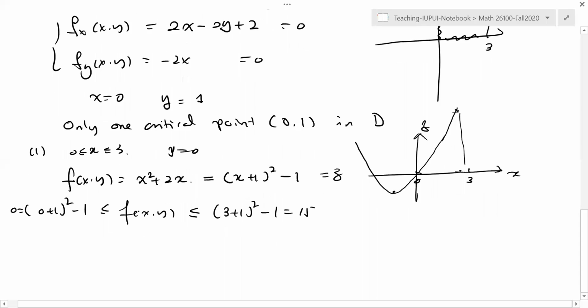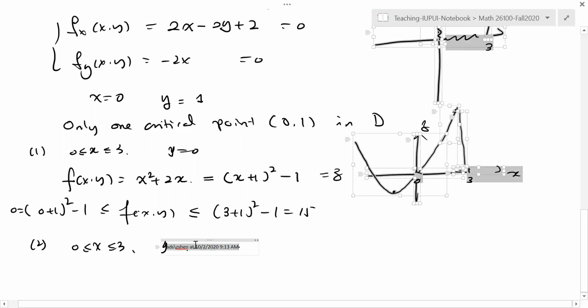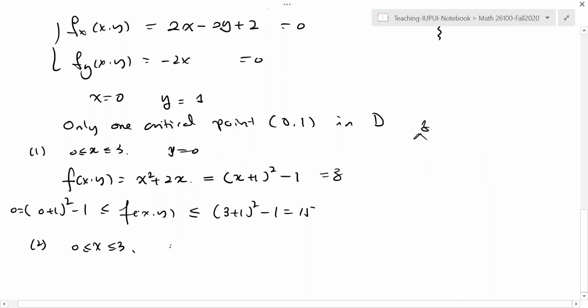It's very clear, right? Second, x is between 0 and 3, and y equals 2. When y equals 2, this function now becomes x squared minus 2x, and put 2 here, plus 2x.